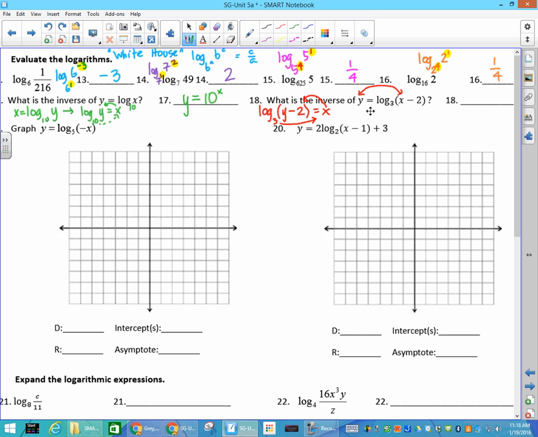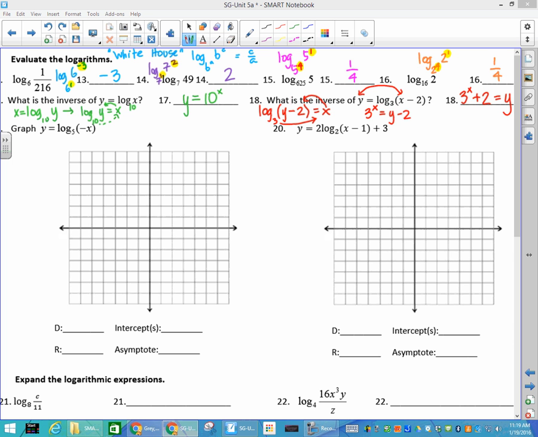So that says 3 to the x equals y minus 2. And I'm solving for y, so I'm going to add 2 to both sides, which is how I'm going to get, and you can write it like this, 3 to the x plus 2 equals y. That's fine. Or you can flip it. It does not matter.